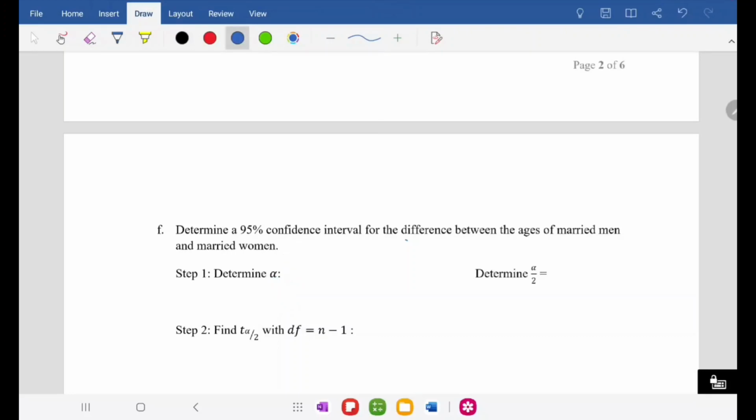So first we have to come up with our alpha, which is derived from our percentage confidence interval. So alpha is going to be 1 minus CL. So 1 minus 0.95 is 0.05, alpha by 2. For all confidence interval problems, you have to divide alpha by 2. So it's going to be 0.025.